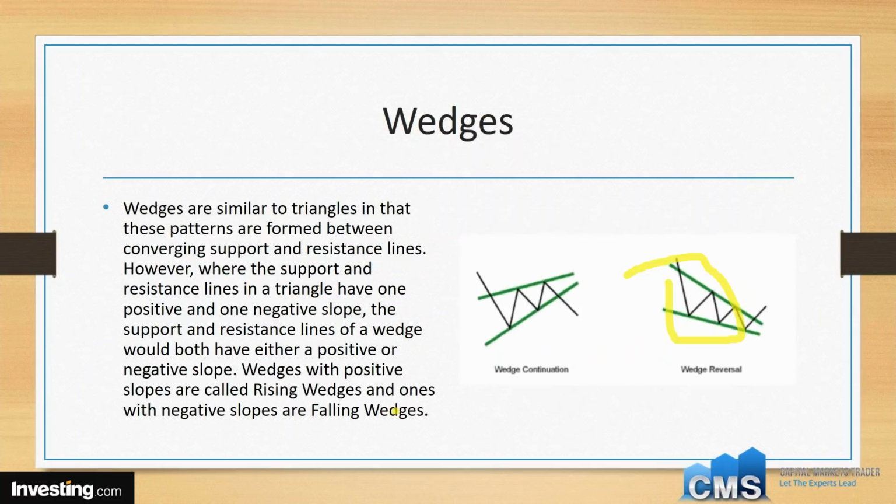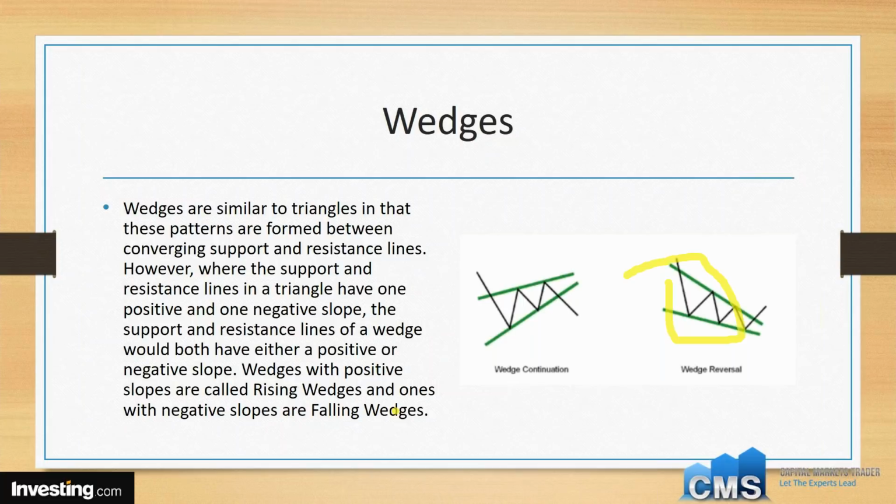Now, wedges are the same as channels or rectangles, except the support and resistance lines are moving in the same upward or downward direction, but they are converging on one another. Wedges are similar to triangles in that these patterns are formed between converging support and resistance lines.